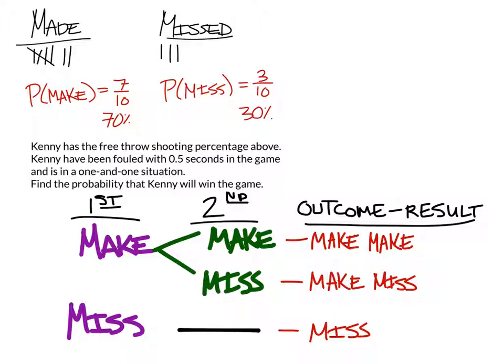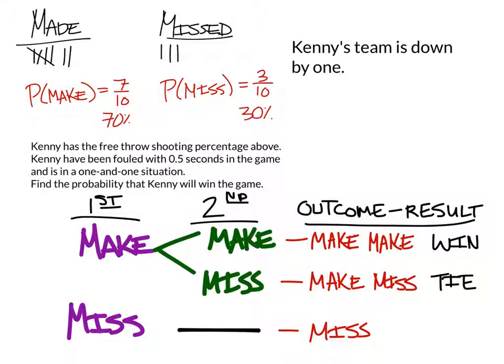We need to remember, not that I wrote it, but it's part of the problem, that Kenny's team is down by 1. It should help us to determine the results. If Kenny makes the first one and the second one, what is the result? A win. If Kenny makes the first one but misses the second one, what is the result? Tie.